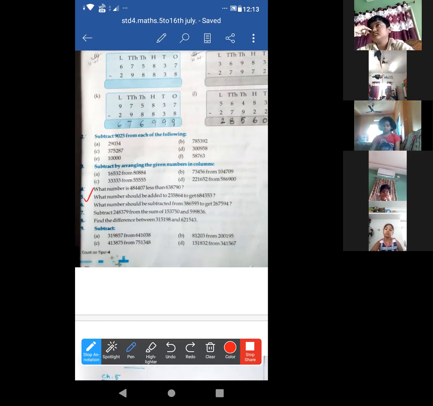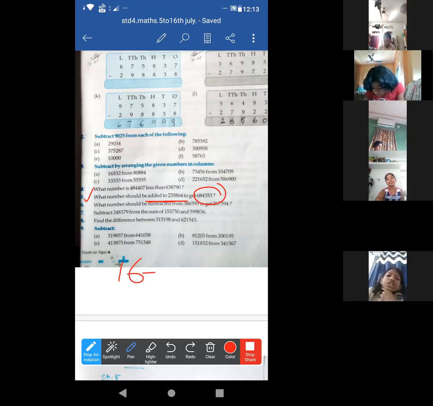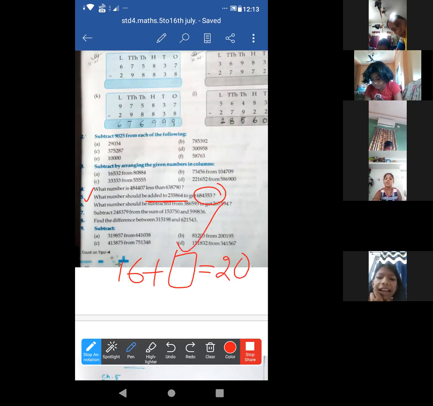Number 5. What number should be added to this to get this one? At first, let me explain by taking a smaller number. What number should be added to 16 so that we will get 20? What number will we add? 4. Yes, you can show me your finger.